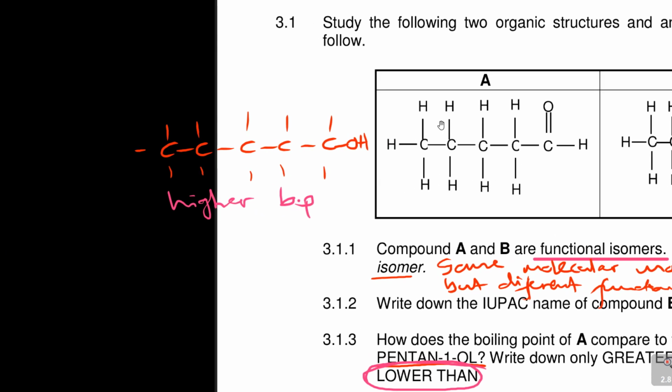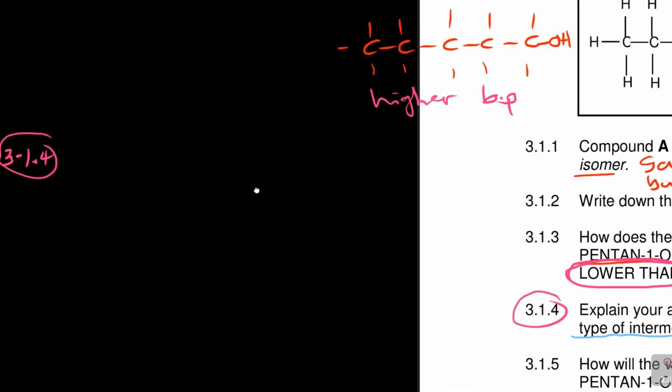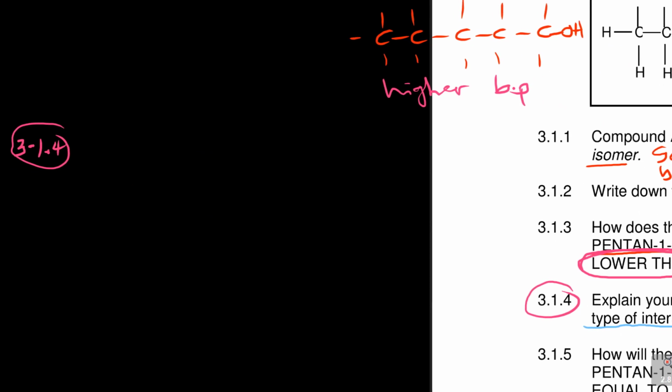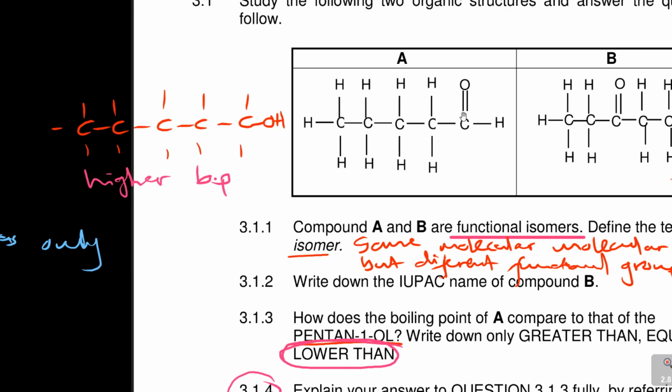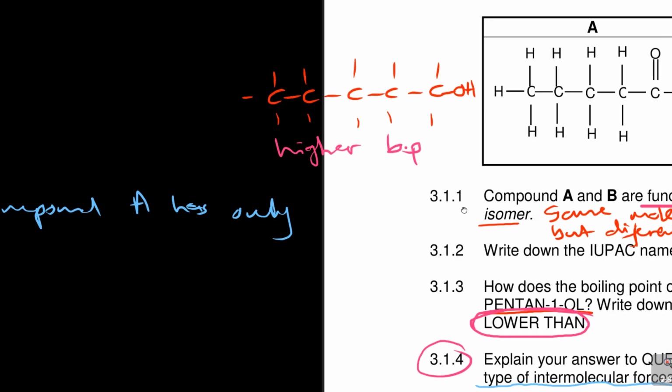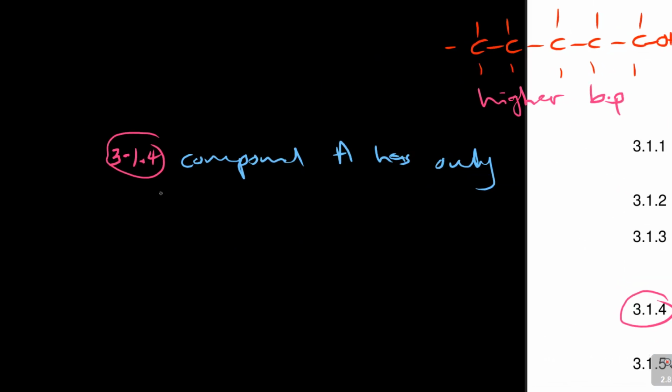So you say compound A. Remember, it's an aldehyde. You can say the aldehyde, or you can refer to it as compound A. So what type of intermolecular forces are there? Compound A has only what? There are no hydrogen bonds here. You can see that it's only Van der Waals forces.